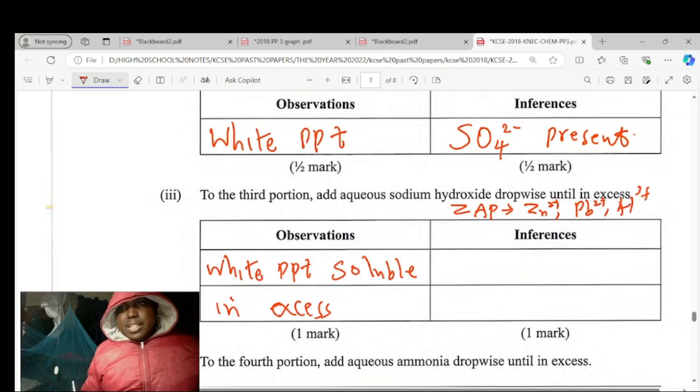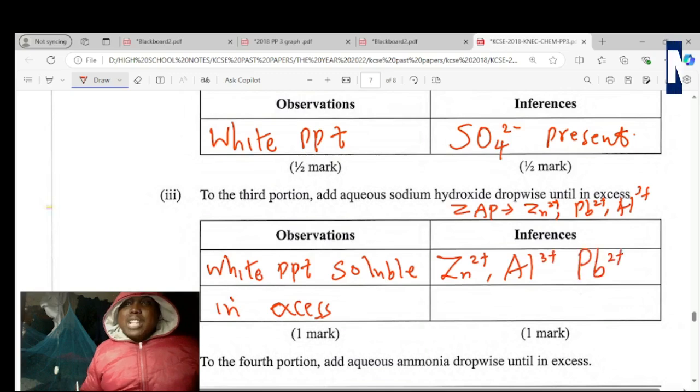So if you write zinc 2 present, aluminium 3 present, and then wewe ujui kueliminate umeandika 2 lead, now this one will cancel the whole answer. The lead will cancel the whole answer. This is correct.